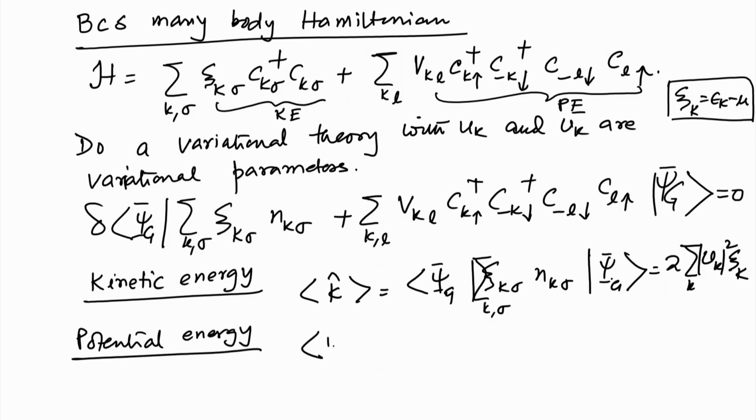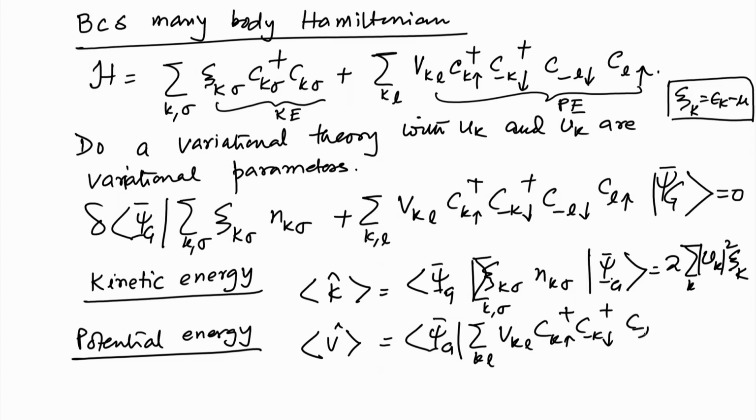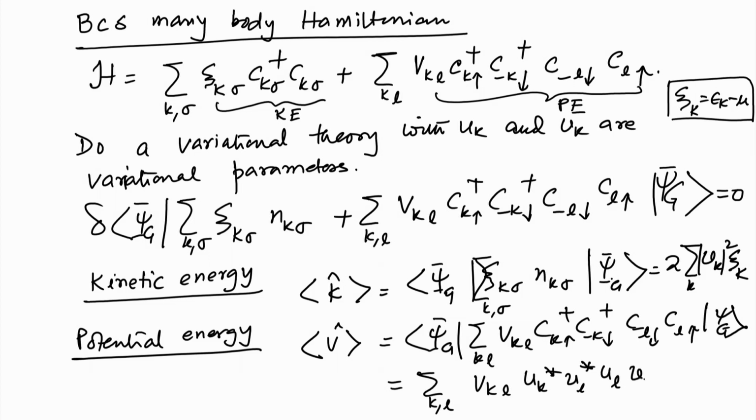we have V equal to <psi_g| sum over k, l of V_kl c_k↑† c_-k↓† c_-l↓ c_l↑ |psi_g>, and this comes out to be sum over k, l of V_kl u_k star v_l star u_l v_k.